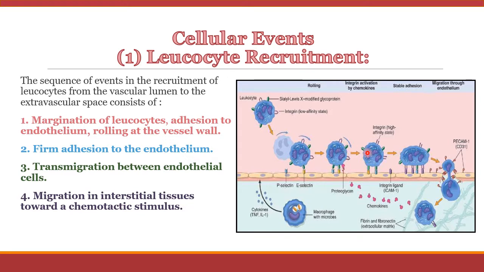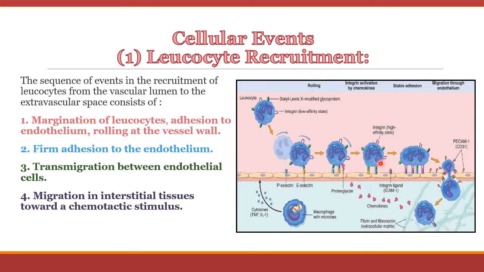This rolling will be helped by some receptor interaction, and it is going to be a very weak adhesion that happens temporarily, and then it is going to be unattached, and then it will attach again, and then it will leave the cells again in a process of rolling.